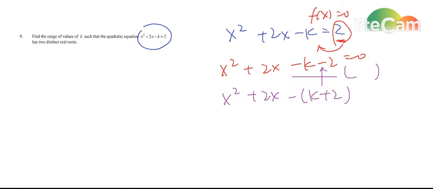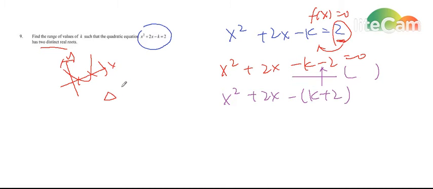And for the second keys, we know that the quadratic equation has two distinct real roots. It means there are two. So we know that the delta is used to identify the number of the real roots.